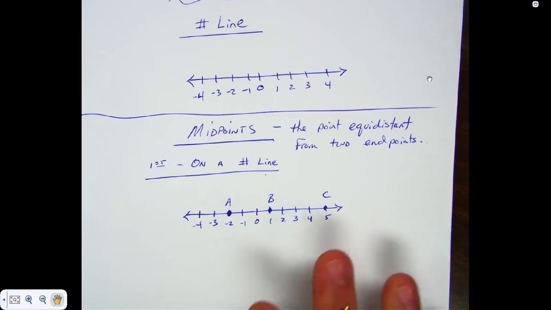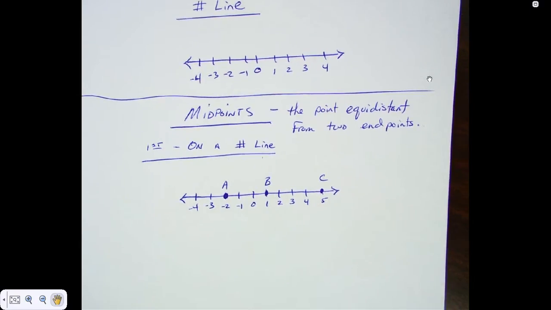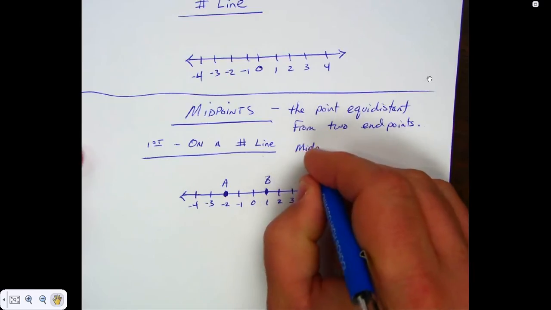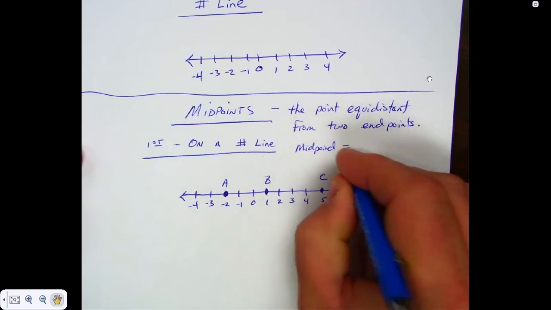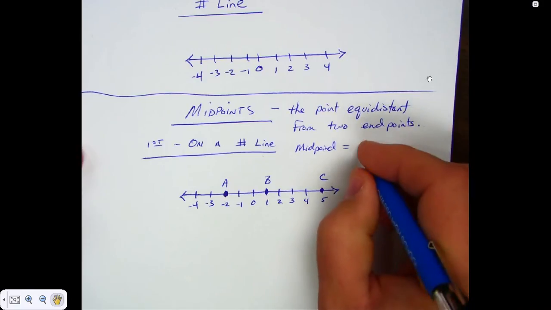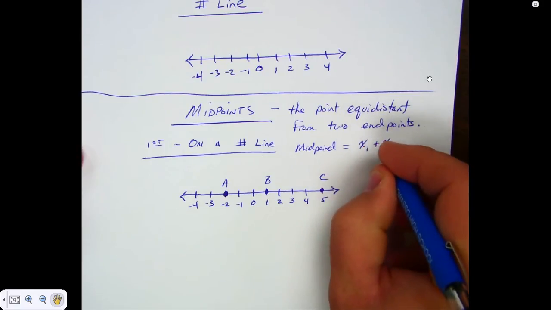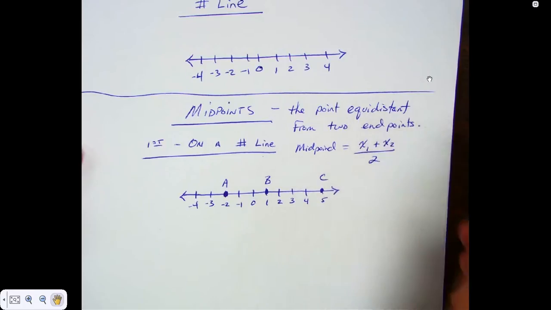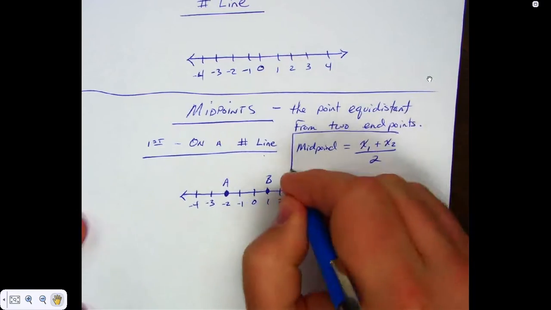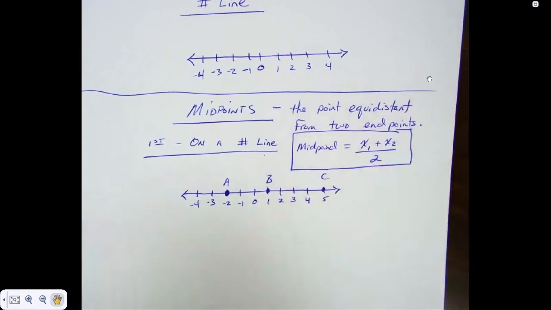Your formula is x1 plus x2 divided by 2. That's how you find the coordinate of the midpoint.